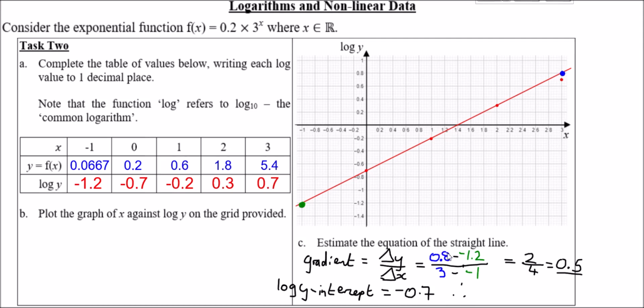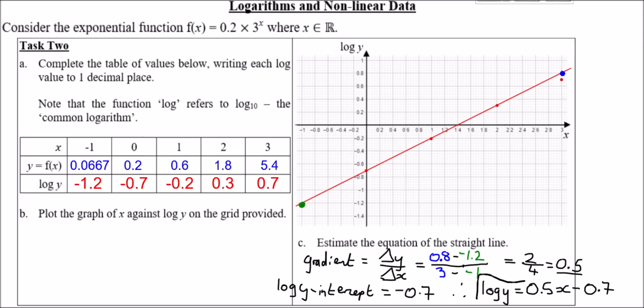So therefore the equation of a straight line is log y equals a gradient, which is 0.5, lots of x, plus the constant, so that's y, or variable, equals mx plus c. Here the intercept is negative, so we minus 0.7.